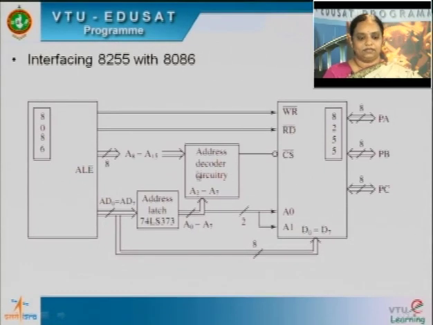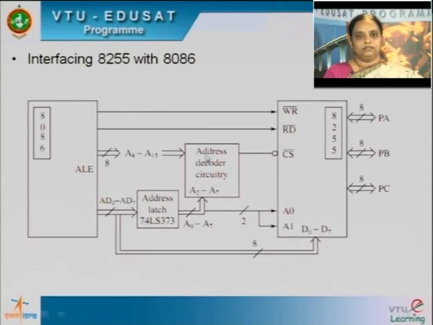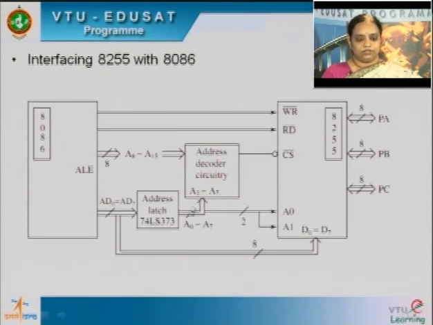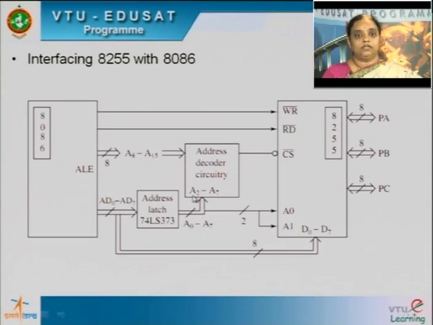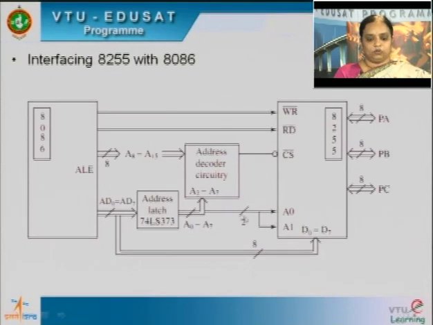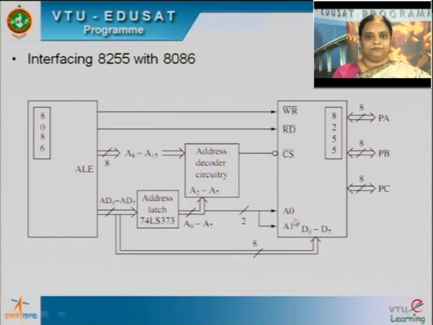Then we have the address decoding circuitry. The address decoding circuitry can be using a NAND gate or a decoder. Just check, all the address lines are not given. Only A2 and the rest are given, whereas A1 and A0 are given directly to the chip.